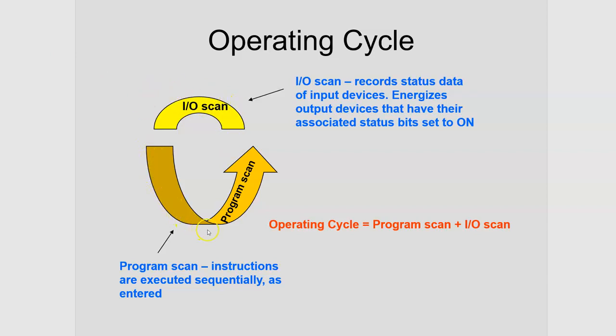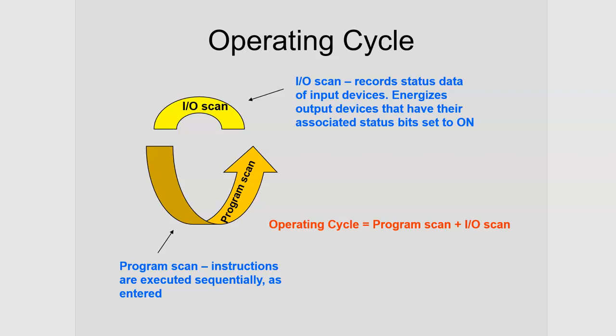And then there's the program scan. This part of the operating cycle will look at the program that you wrote and look at the instructions that you used and determine if that rung on the ladder should be true or false. If it's true, then it's going to update the output image table for that particular bit that's mapped to the output of that particular rung to a 1.